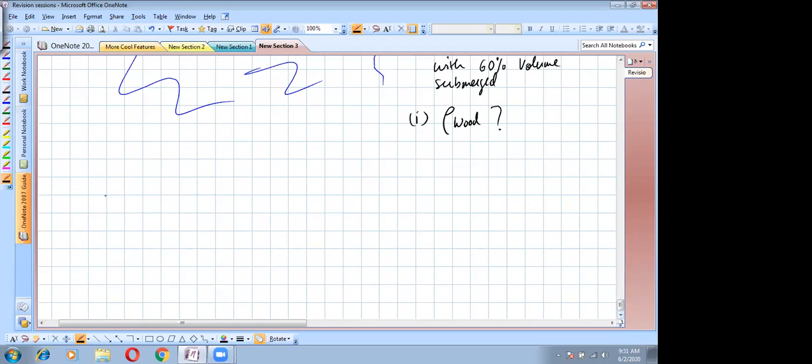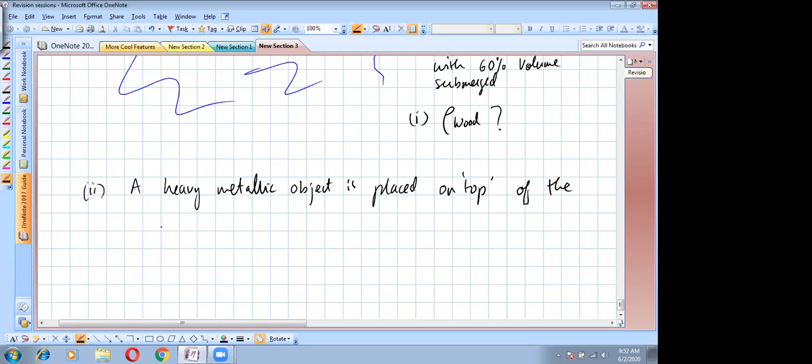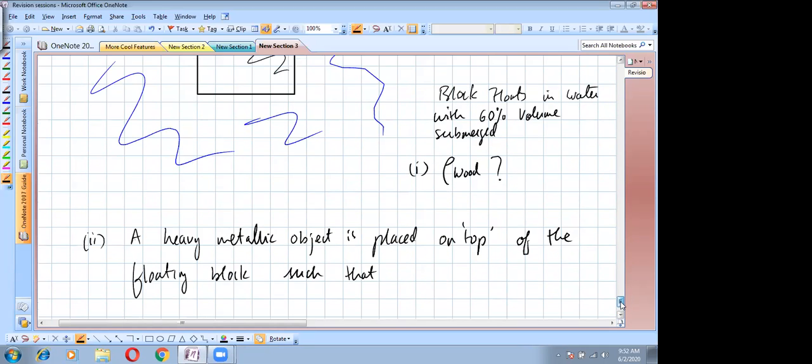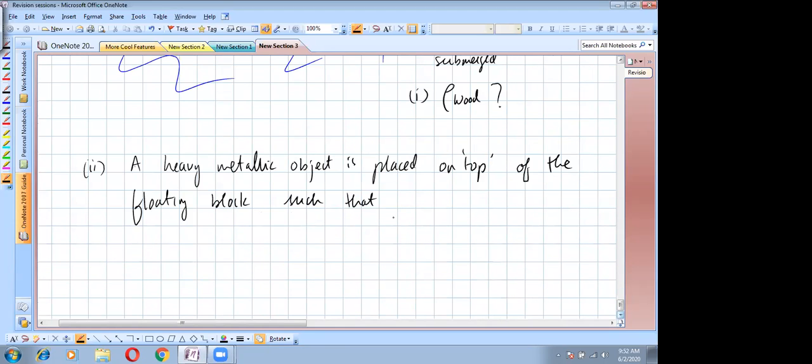Now second part, a heavy metallic object is placed on top of the floating block such that 18 centimeters is submerged.